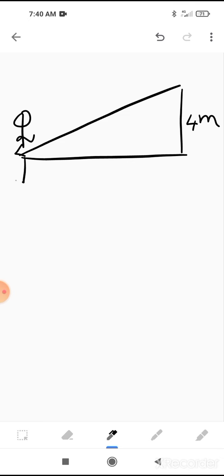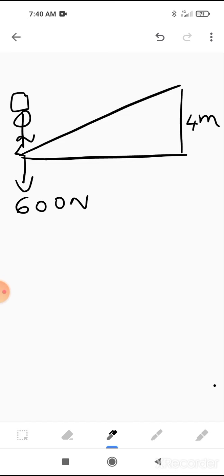His body weight is 500 Newton plus he carries a load of 100 Newton. So total weight is 600 Newton.